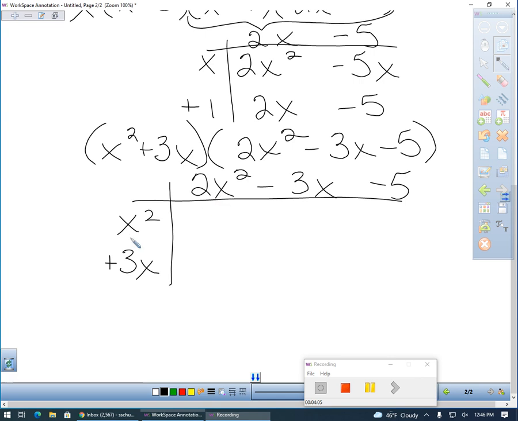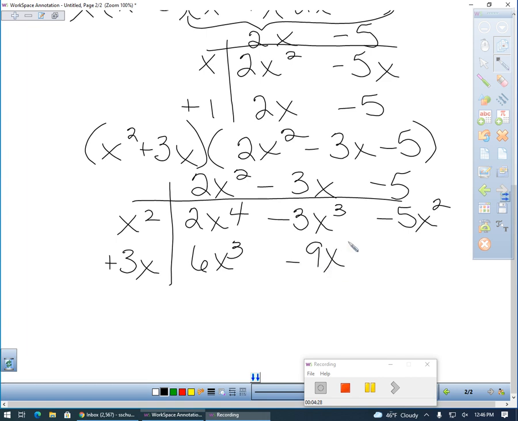All right, so 2x squared times x squared is 2x to the 4th. X squared times -3x is -3x to the 3rd. And -5 times x squared is -5x squared. You guys check my math. It's been a long day. 2x squared times 3x would be 6x to the 3rd. -3x times 3x is -9x squared.